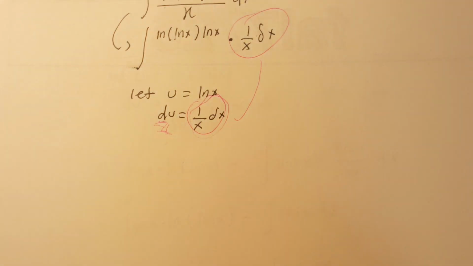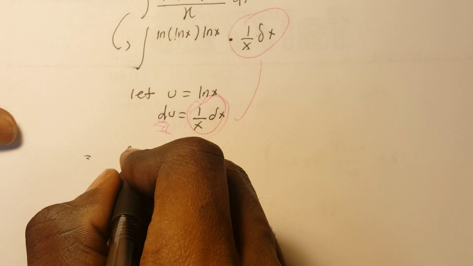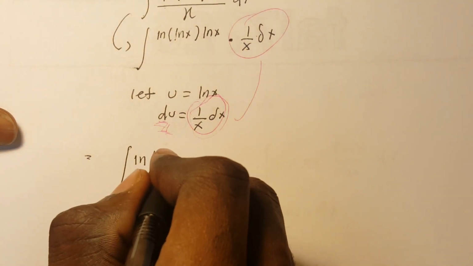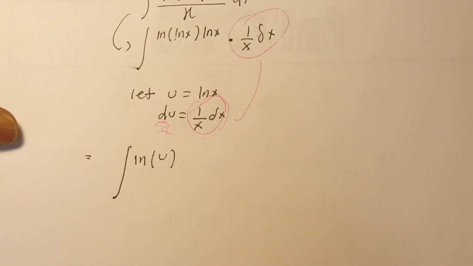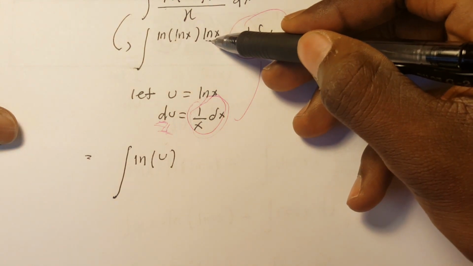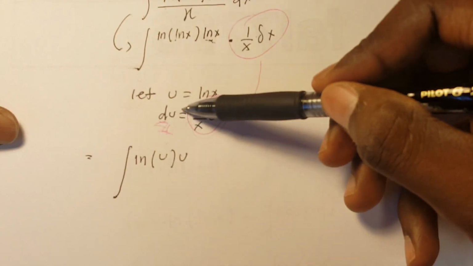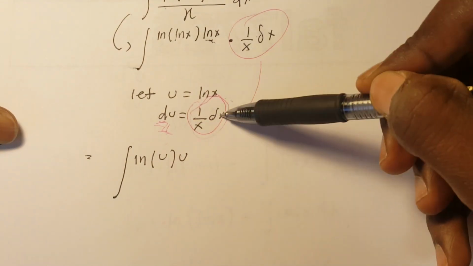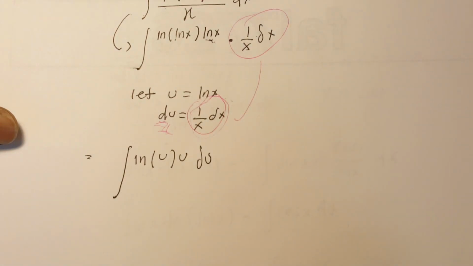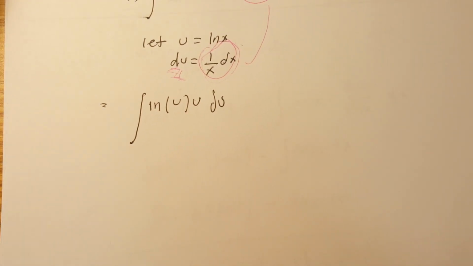So let's do that. You put in natural log, then you put our u in place of natural log of x. Then we put another u again because we have natural log of x standing outside here. Then we substitute as we said over here. So we have our du. Now, this problem is a very easy problem.